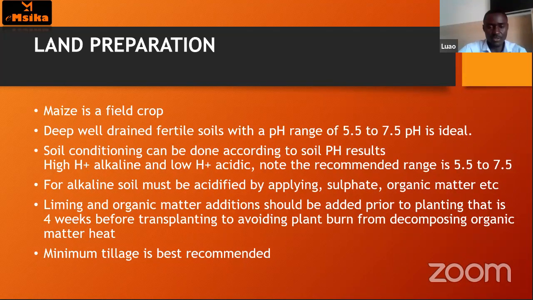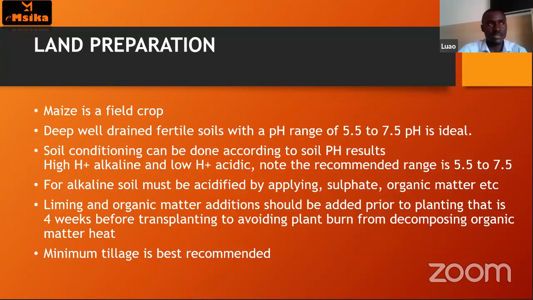So for balancing the soil from the acid side to the neutral up to the alkaline, when the soil is on the acidic side, say less than 5.5 or less than 5 to somewhere about 1, a strong acid, the use of lime is done, and that's the best.